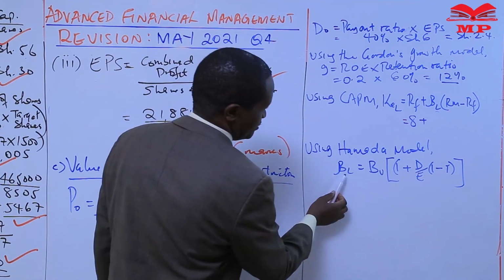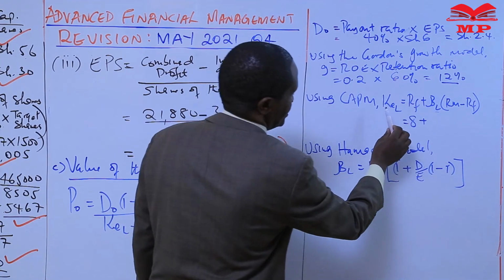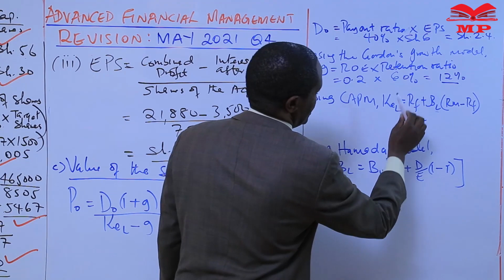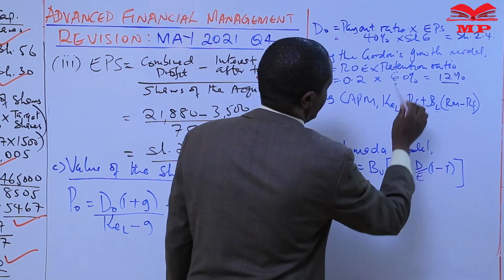So we need to calculate this beta so that we can apply it there to determine the cost of equity of the levered firm.